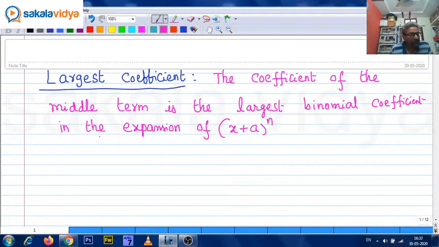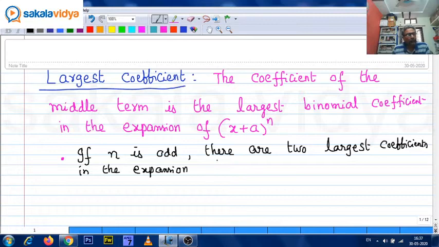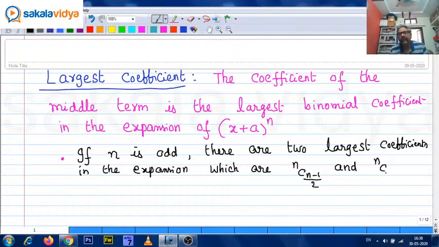Okay, next. If n is odd, there are two largest coefficients in the expansion, which are nC(n-1)/2 and nC(n+1)/2.